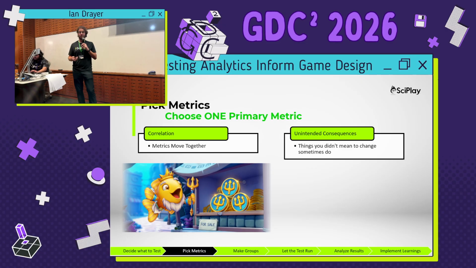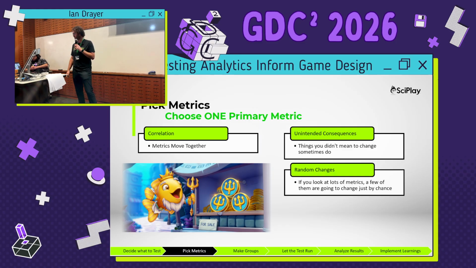This could have a negative effect on your overall game, even though you had no reason from your test to think that the minutes played would go down. And so even though you have your primary focus on one metric, still keep a wide field of vision on other metrics that are around your main metric.